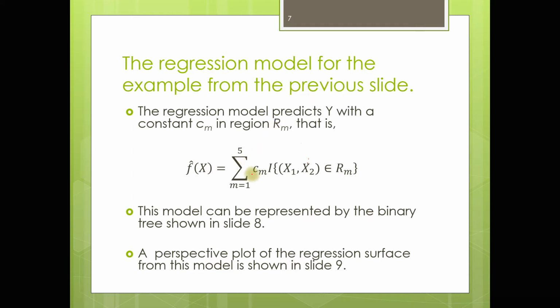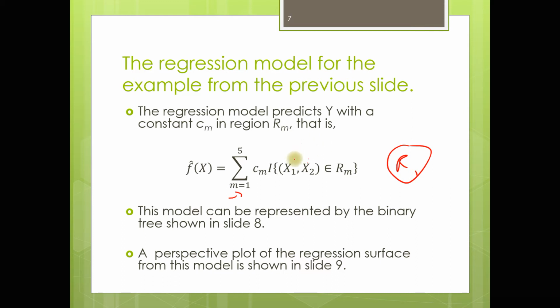Let's take one example. If a set of values is found in region 1, let's consider region 1, we will start with m equal to 1. If a certain value is found in region 1, what's going to happen?